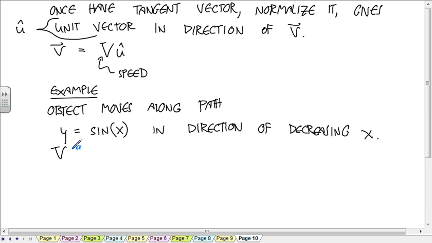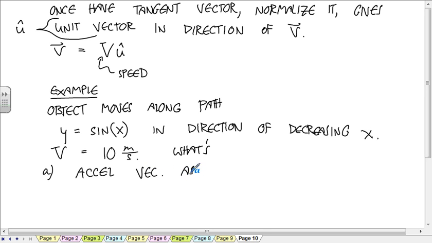And let's say that the speed is equal to 10 meters per second. What's the acceleration vector as a function of x? And B, what's the acceleration vector when x is at 1 meter?